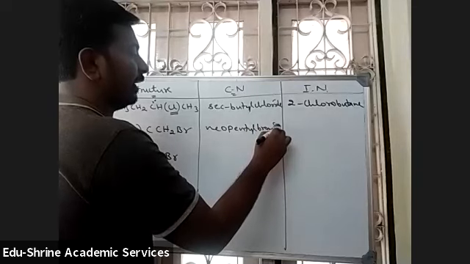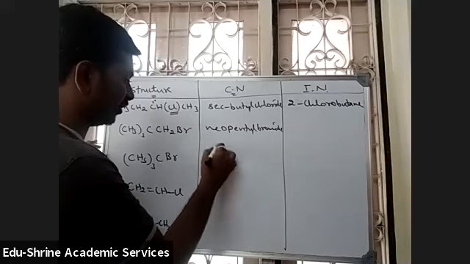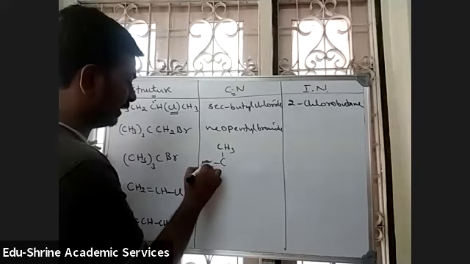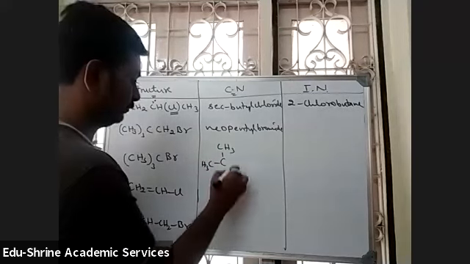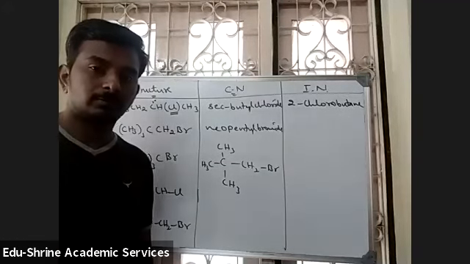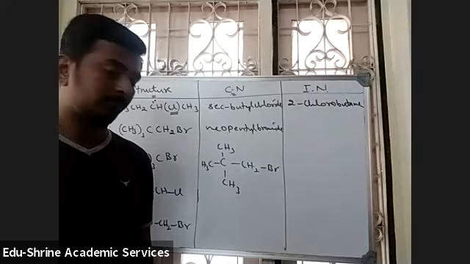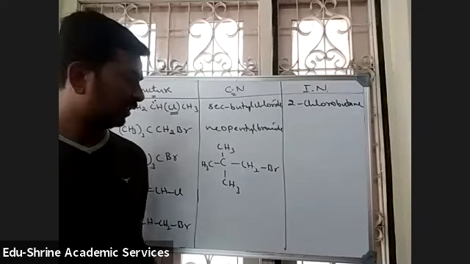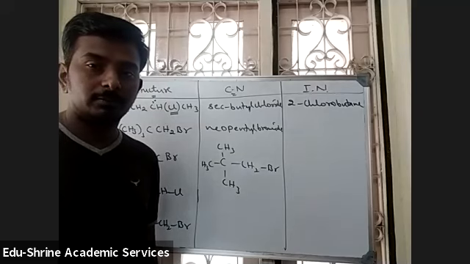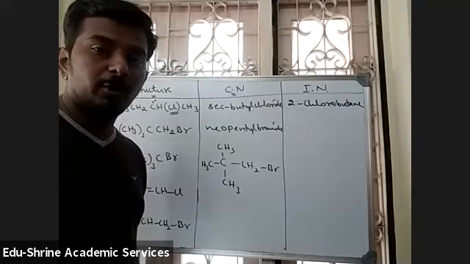What will be the IUPAC name? So I am expanding the structure so that you can write the IUPAC name easily. Tell me, students, what will be the IUPAC name of this compound? 1-bromo 2,2 dimethyl.